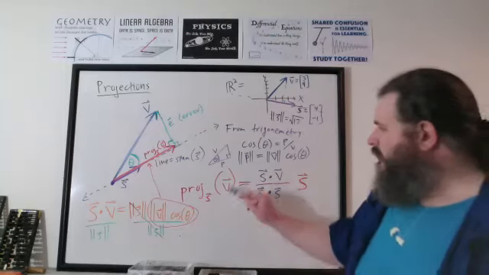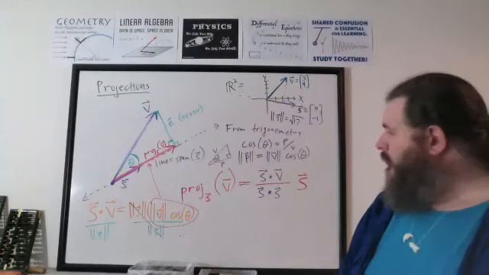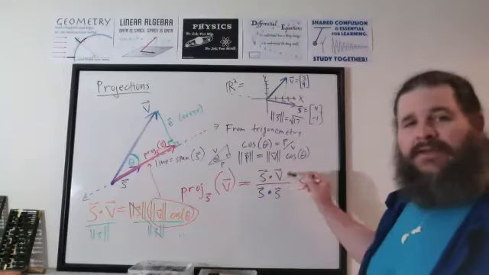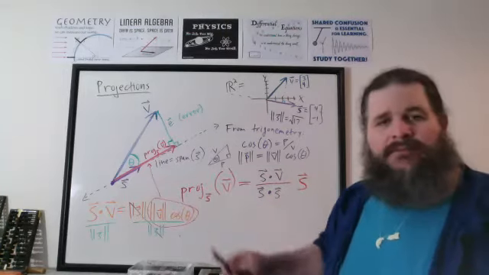So in general, assuming V is the input vector and S is the direction you want to flatten it onto, you can find that by taking this scalar multiplier, S dot V over S dot itself, and multiplying by S, the direction you care about.